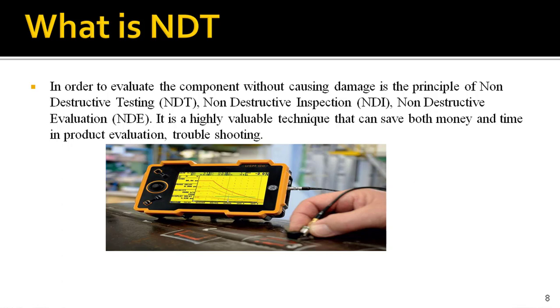It is a highly valuable technique that can save both money and time in product evaluation, troubleshooting, etc. Non-destructive testing is used in mechanical, civil, chemical, biomedical, aerospace, in each and every aspect. Wherever we talk about industry, when the inspection or test is completed, the part can still be used.